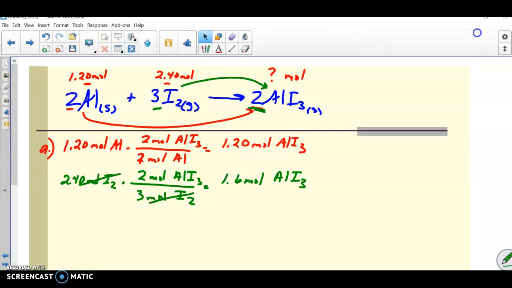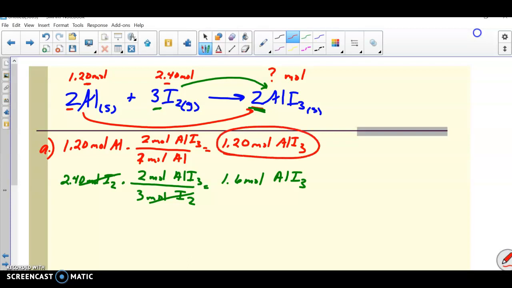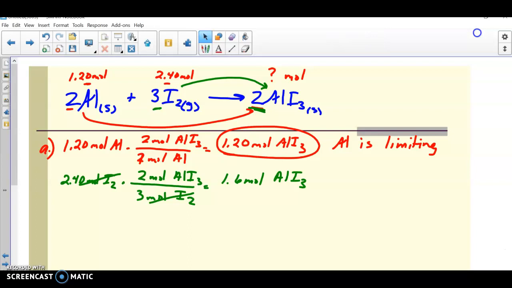Okay, so which one is my limiting one? In this case, it would be this one. So in other words, aluminum is limiting. It's producing the least amount. Okay, so in other words, that's how much aluminum iodide would be produced.